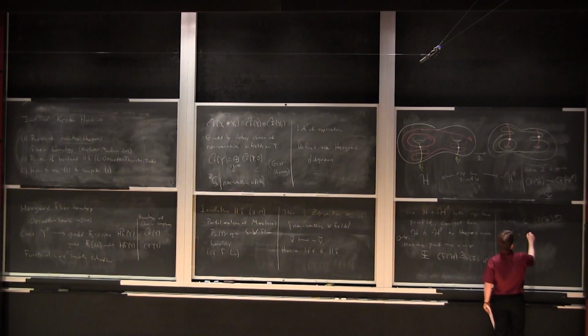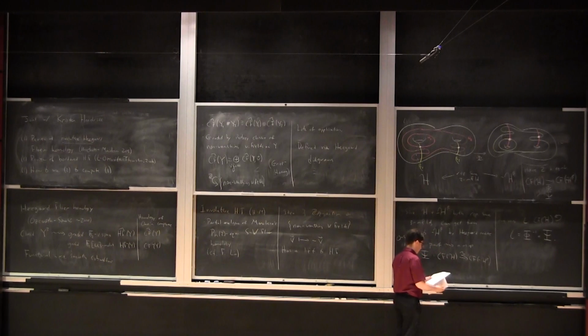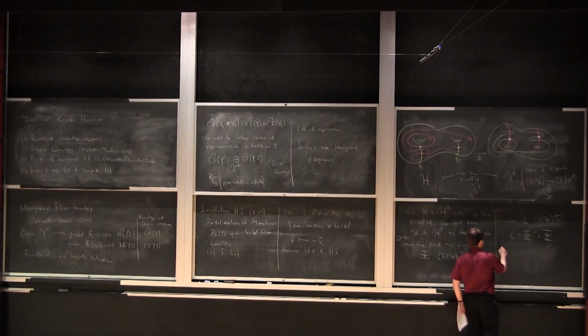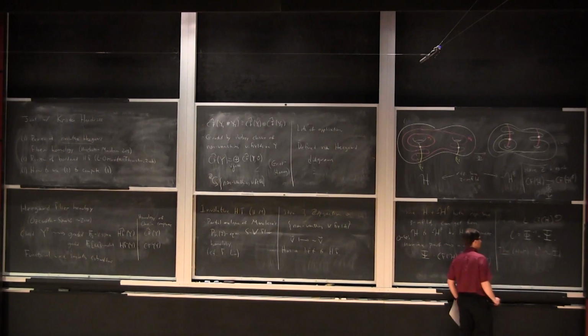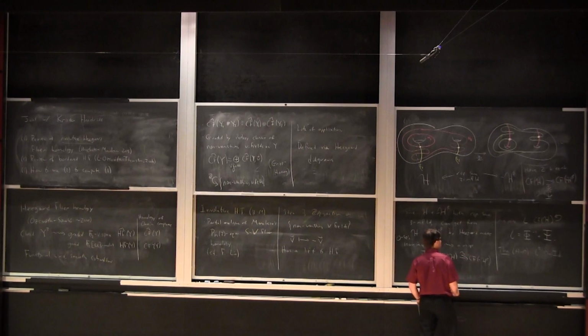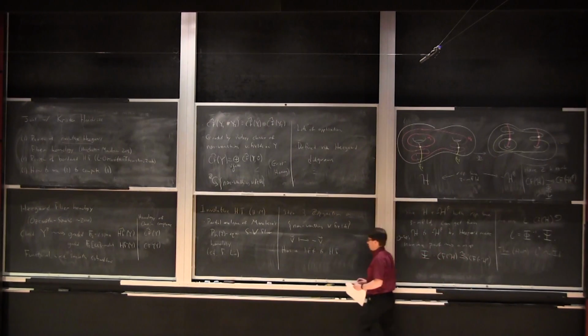So let's say phi inverse composed with psi. You can show that iota squared is homotopic to the identity map.